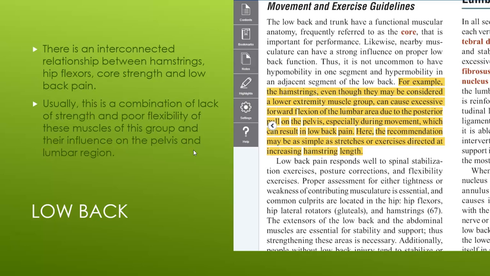So there is an interconnected relationship, and the book makes this point, and I'm with it on this 100%, between the hamstrings, the hip flexors, core strength, and low back pain. They kind of all tend to run in the same gang, and one kind of begets the other.